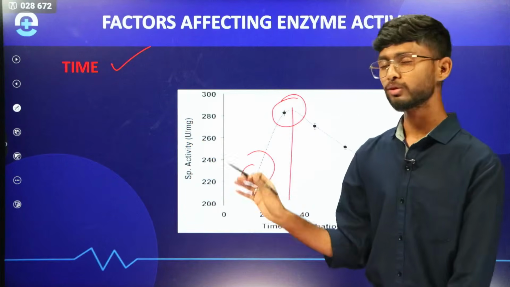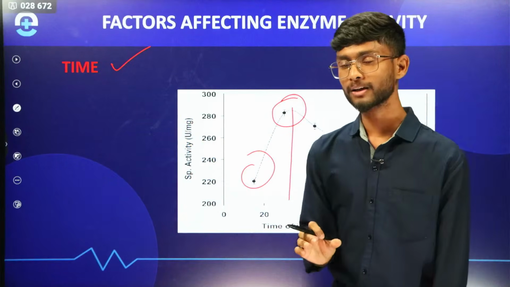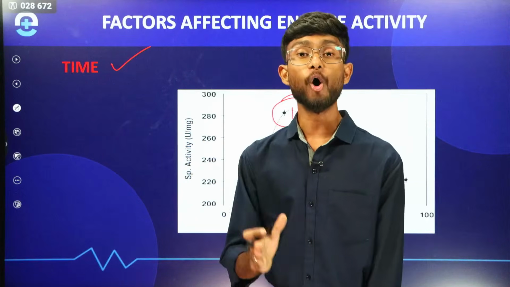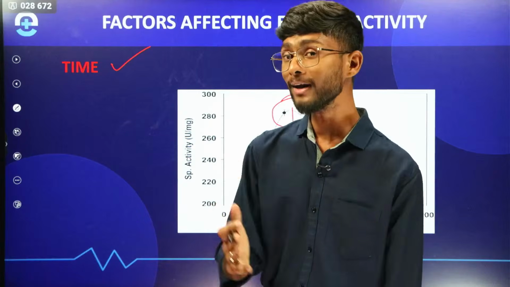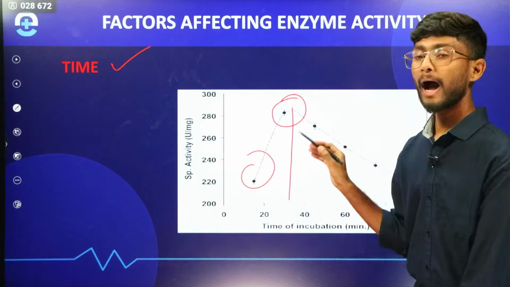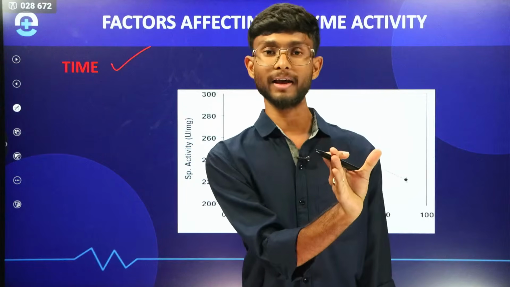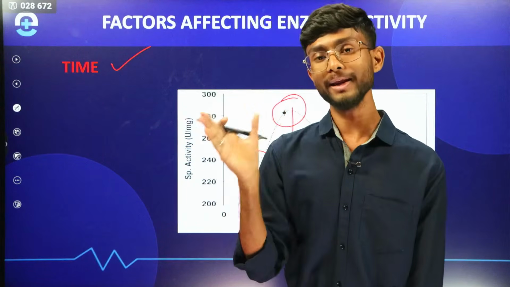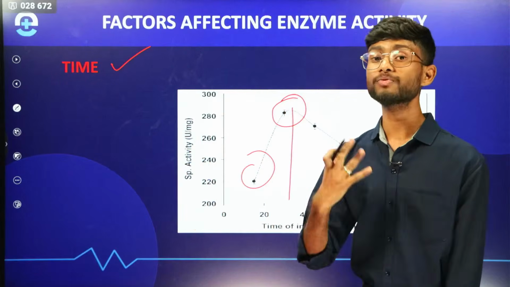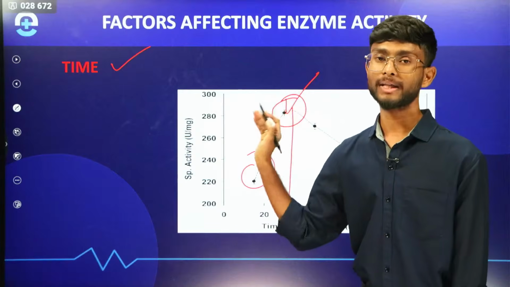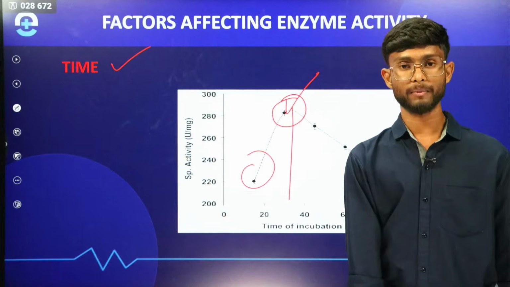Likewise, here also there is a time for enzyme activity where exactly it activates and inactivates. When the time is not favorable for that particular enzyme, it will inactivate. When it is favorable, it will be active. That you call optimum time. Understood? This is time kinetics.